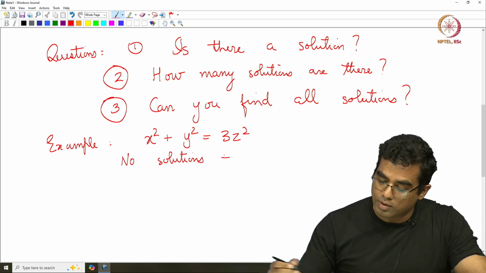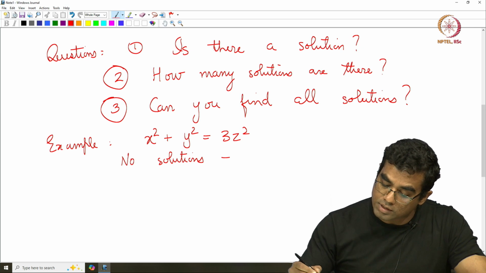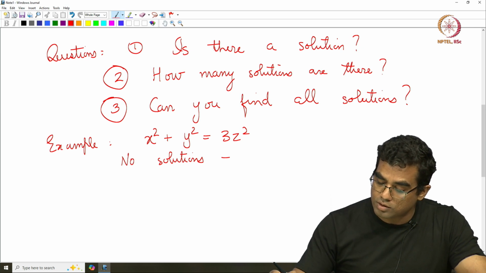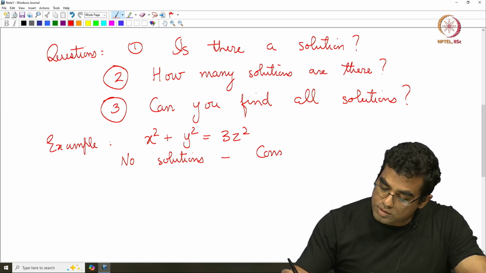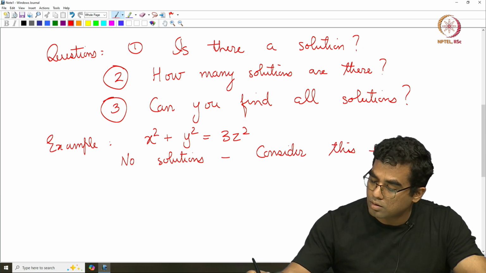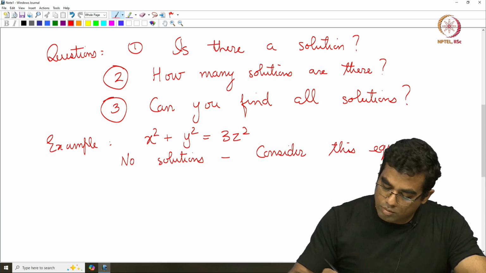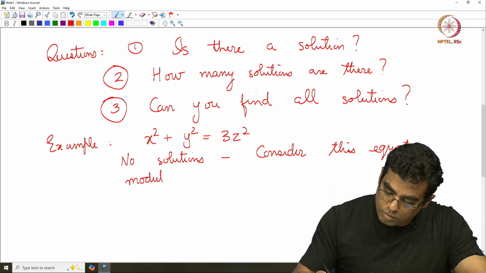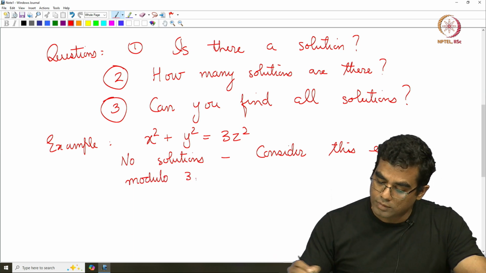And how do we do that? Well, this does not require any algebraic number theory as such. We just look at this equation modulo 3. So, consider this equation modulo 3.